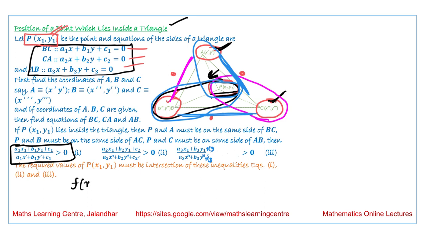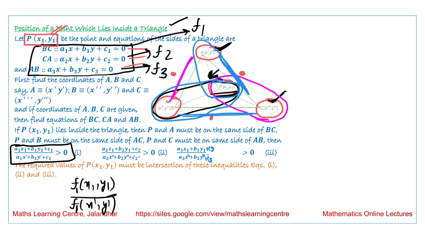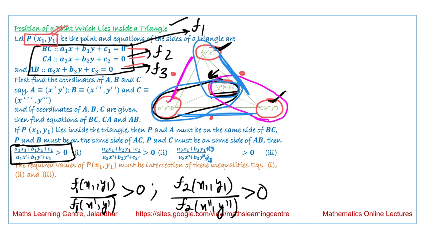The first condition: f1(x1, y1) divided by f1(x', y') corresponds to the first equation; this is f1, the second is f2 and the third is f3. This value must be greater than 0. Next, f2(x1, y1) divided by f2(x'', y'') should be greater than 0.